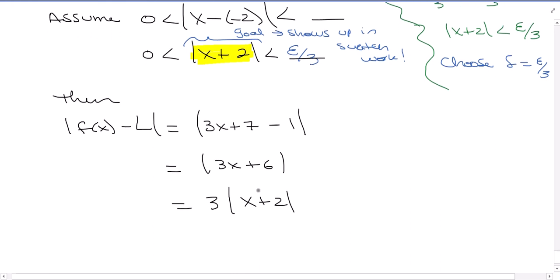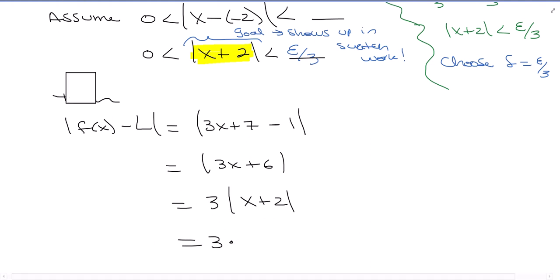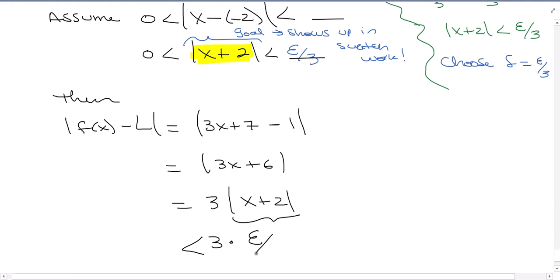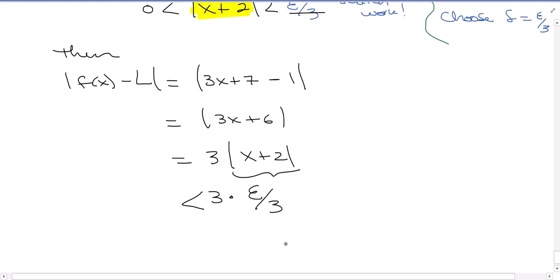And now there's my x plus 2, and the assumption is that this is less than epsilon over 3. So this is less than 3 times epsilon over 3, so I can replace it with that.